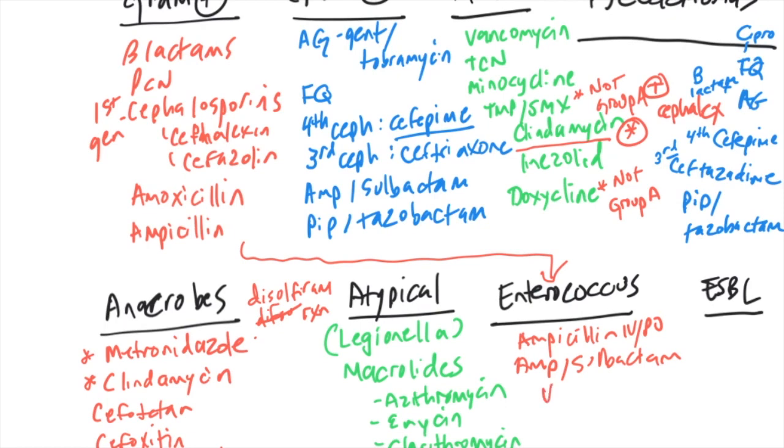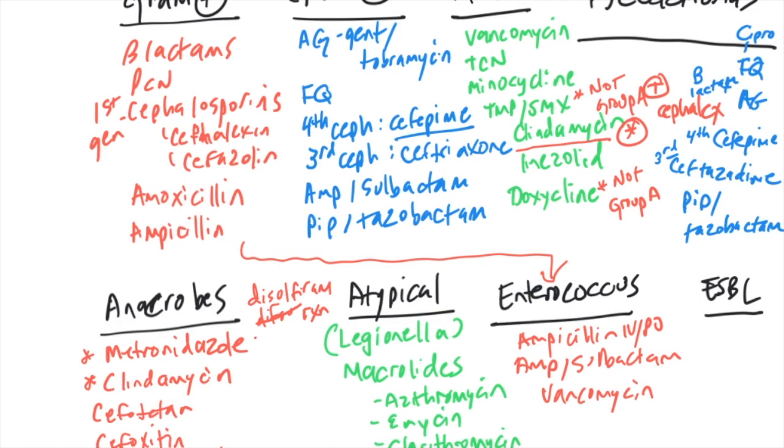Then we also have vancomycin, which also covers Enterococcus. You've all heard of VRE, vancomycin-resistant Enterococcus, and we don't like to go directly to vancomycin if it is sensitive to ampicillin. So keep that in mind.